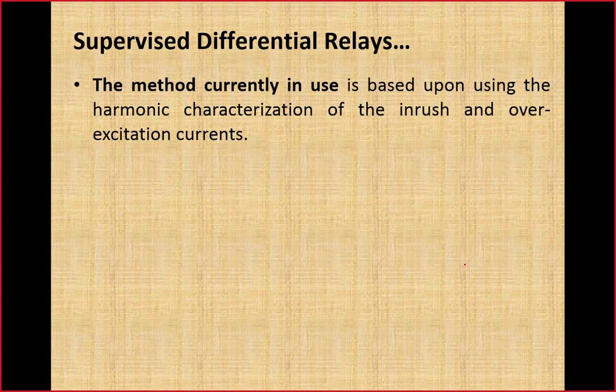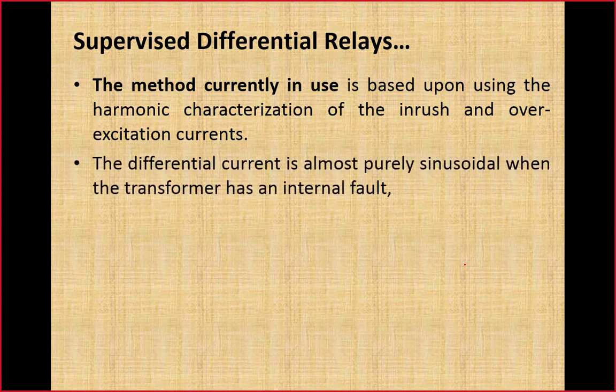The method currently in use is based upon the harmonic characterization of inrush current and overexcitation current. Now we will make use of the harmonic contents present in the current to block the operation of the percentage differential relay. The differential current is almost purely sinusoidal when the transformer has an internal fault, and the differential current through the differential branch of the percentage relay will be full of harmonics if it is due to either energization or overexcitation.